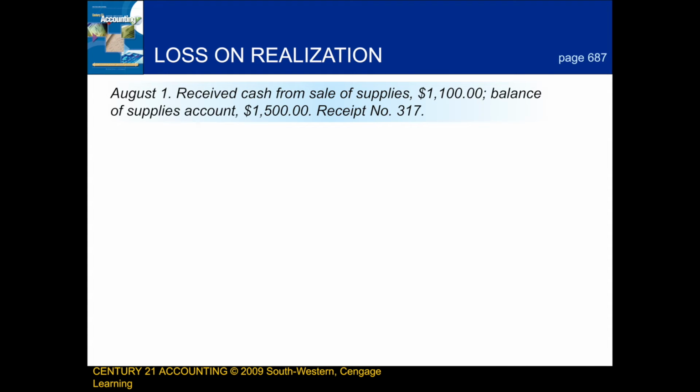Next we're going to be talking about calculating and recording a loss on realization. This next transaction reads, on August 1st, received cash from the sale of supplies, $1,100. The balance of the supplies account is $1,500 and the receipt number is 317.